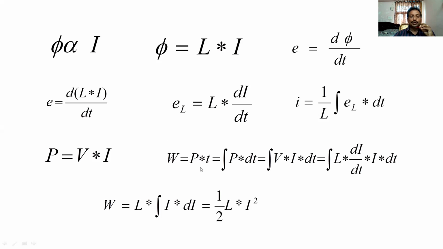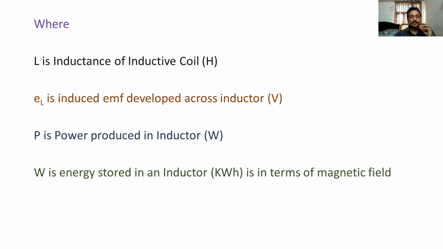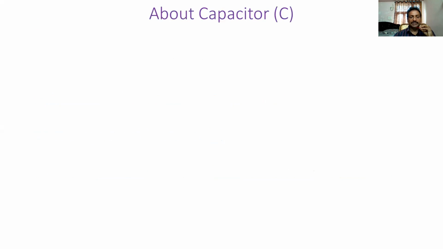So the energy stored in the inductor is also in the formation of magnetic lines of force. But how much energy is stored in the inductor? Where L is inductance of the inductive coil in Henrys, EL is induced EMF developed across the inductor, P is power produced in the inductor, W is energy stored in the inductor. Therefore, W is proportional to I square.